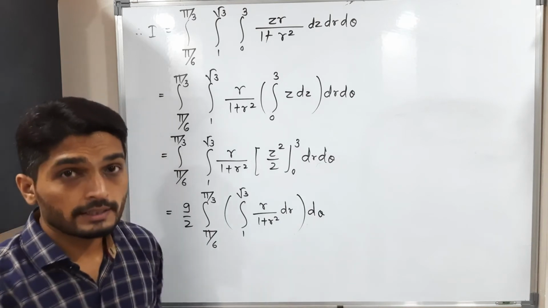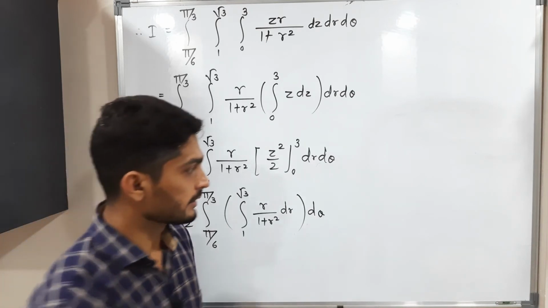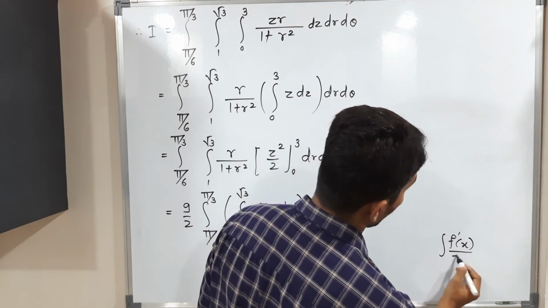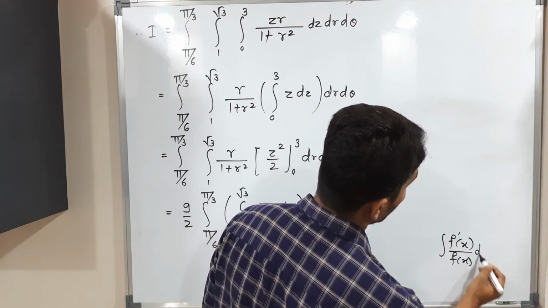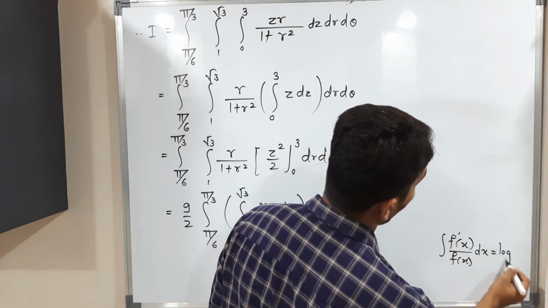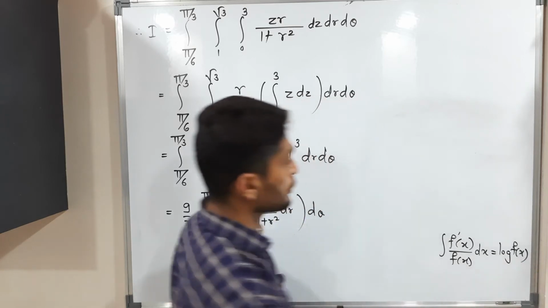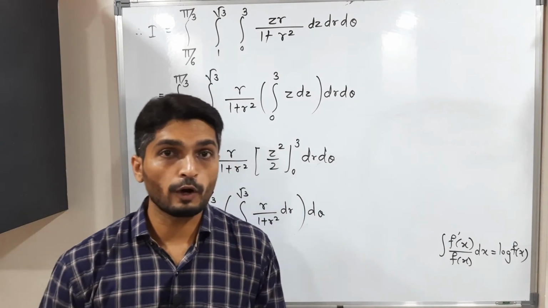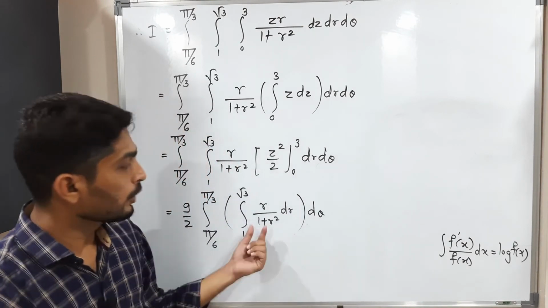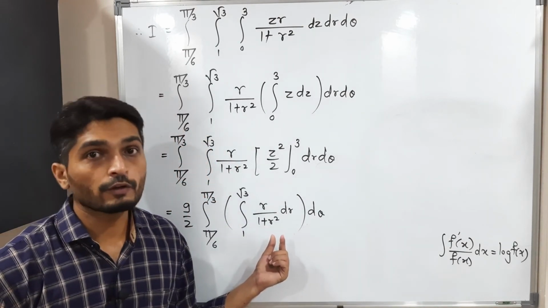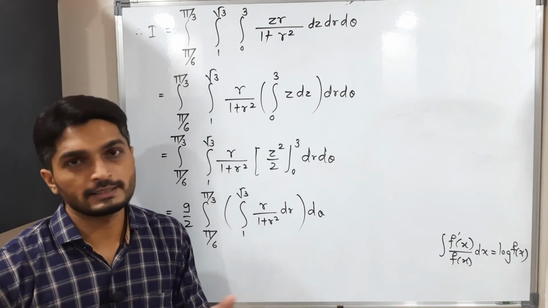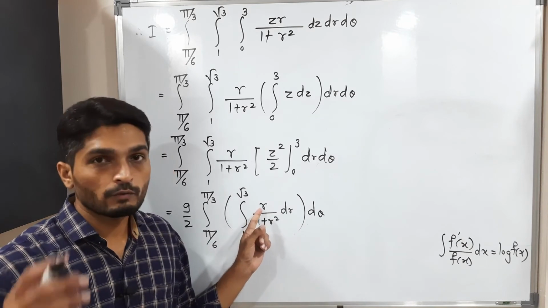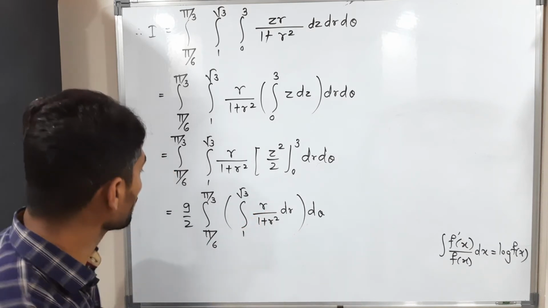See, to solve this integration, I am going to use one result. That result is integration of f dash of x upon f of x dx is equal to log f of x. So to use this result, we want the derivative of the denominator in the numerator. What is the derivative of the denominator? Derivative of 1 is 0. Derivative of r square is 2r. So out of 2r we only have r. So I will adjust 2.